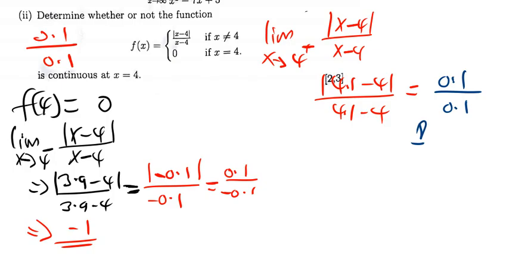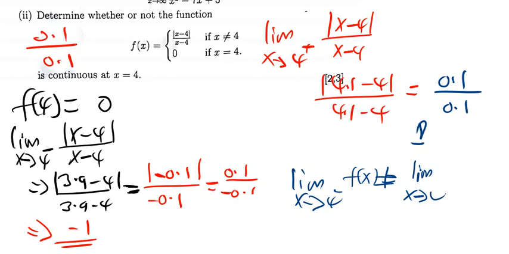So the limit as x is approaching 4 from the left side of f of x is not equal to the limit as x is approaching 4 from the right side of f of x. So this limit doesn't exist. Since I'm getting negative 1 and I'm getting 1, and f of 4 is this.